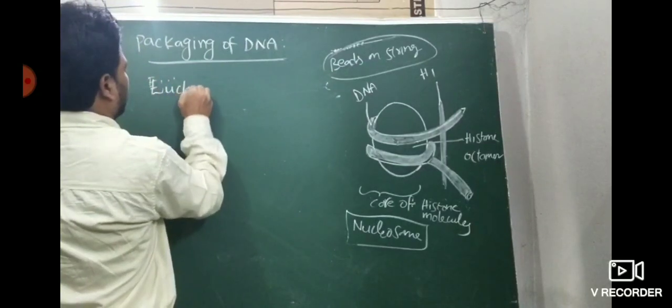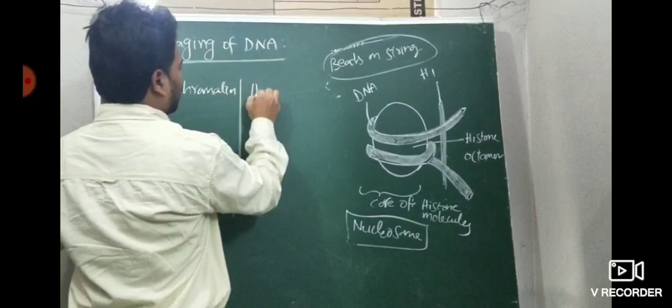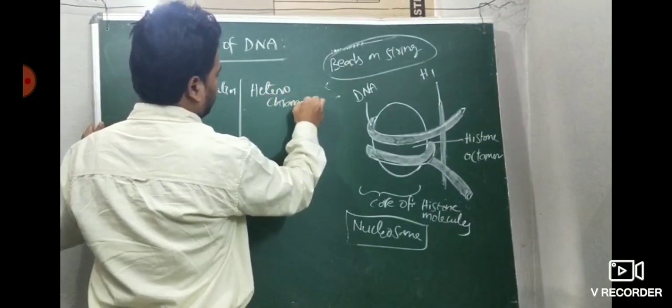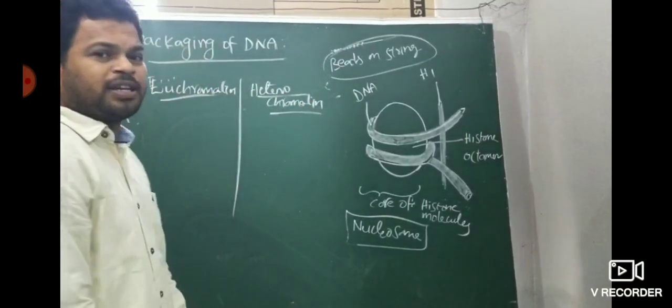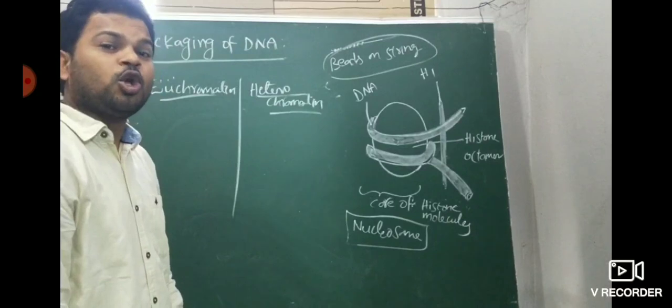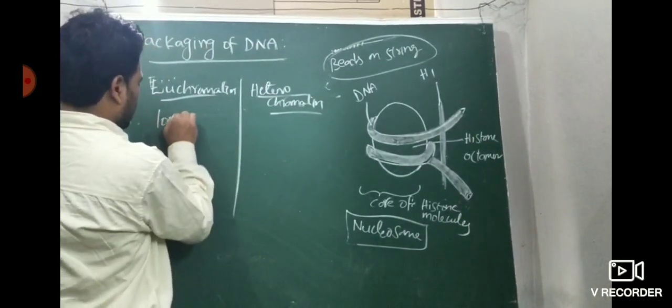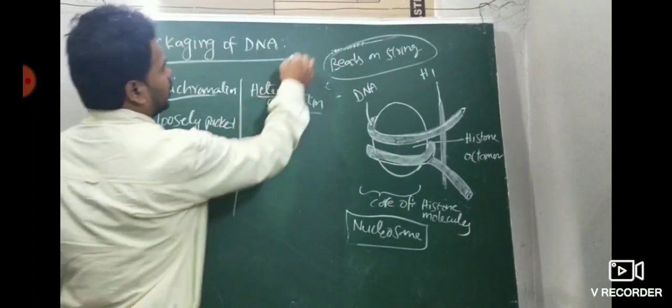Euchromatin on one side of the table, heterochromatin on the other. Euchromatin is loosely packed. Loosely packed regions are called euchromatin.